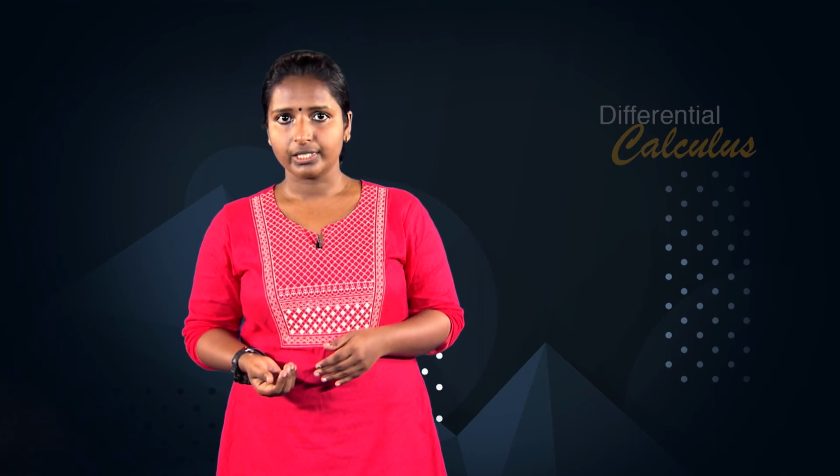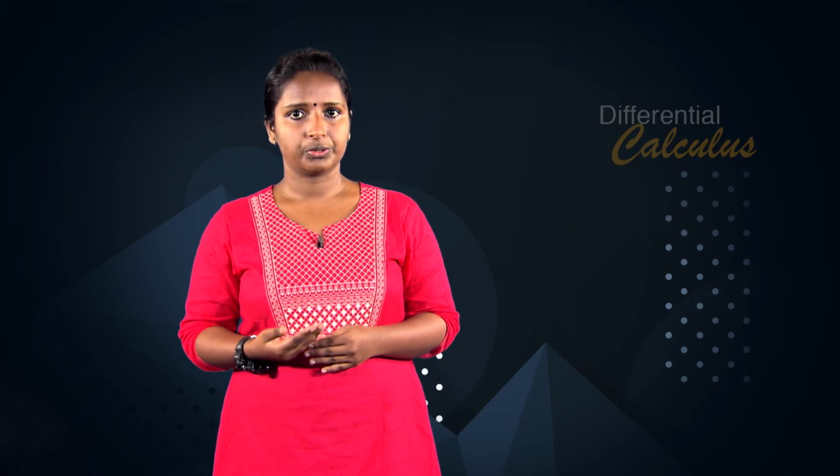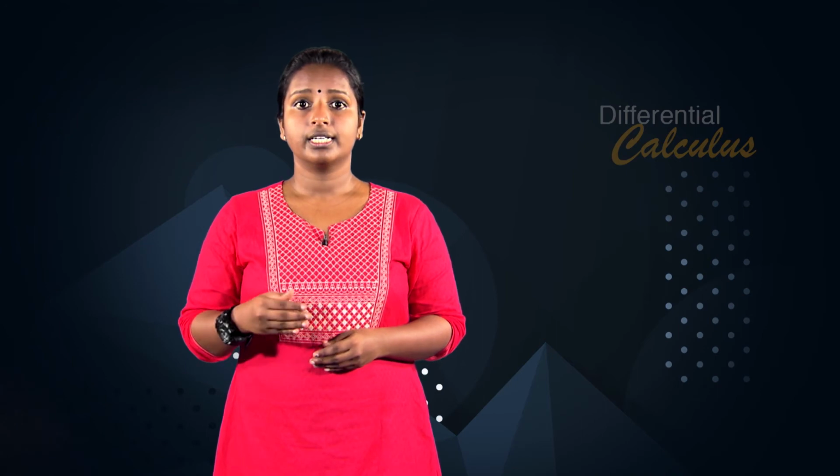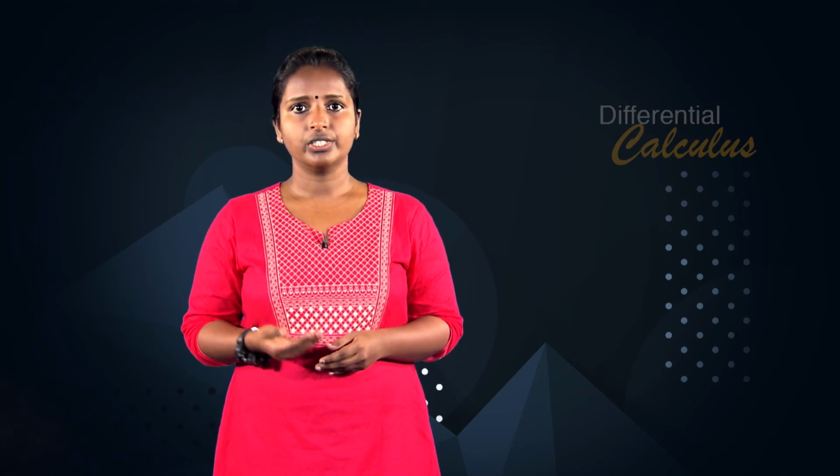At x equal to 1, the series becomes 1 minus 1 upon 3 plus 1 upon 5 minus 1 upon 7 plus etc., which converges by the Leibniz test or alternating series test. It also converges at x equal to negative 1 because it is again an alternating series that satisfies the condition for convergence.